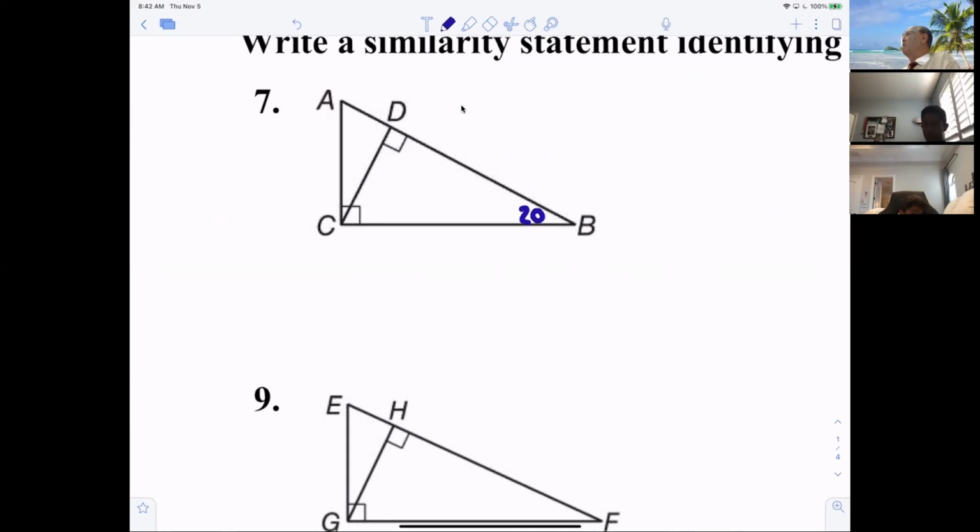Because I'm trying to show you visually how simple it is to see what corresponds to what. So what does this DCB have to be? That has to be 70. Does everybody agree with that? And then this ACD has to be what? 20. And then angle A has to be what?